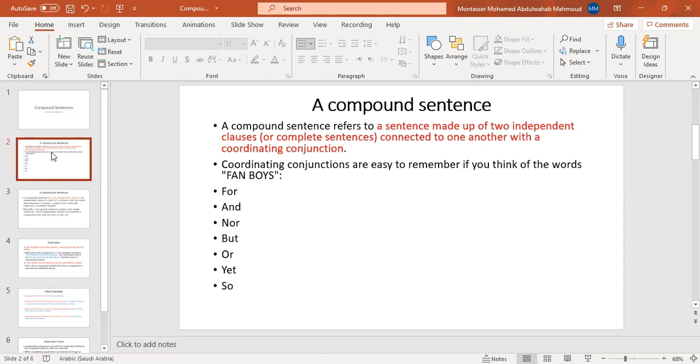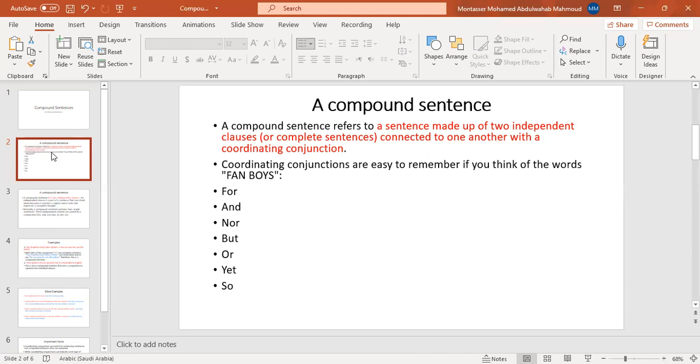Of course, you remember, my lovely students, that an independent clause is a simple sentence because an independent clause should contain a subject, a verb, and should express a complete thought. So here, when we say a compound sentence refers to a sentence made up of two independent clauses, we mean a sentence made up of two simple sentences.